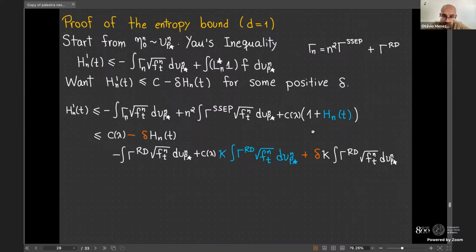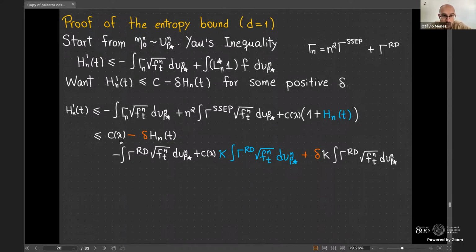So the log-Sobolev is what deals with this blue term, and again using log-Sobolev, you add and take away the term that you want to show up in the final inequality. You want the time derivative of the entropy to be bounded by a negative multiple of the entropy itself.